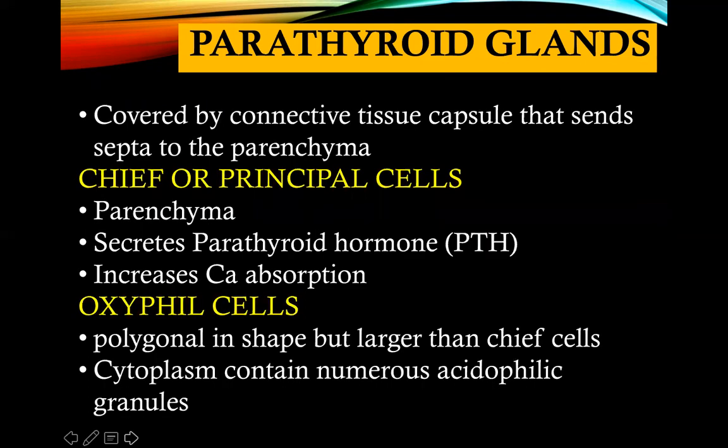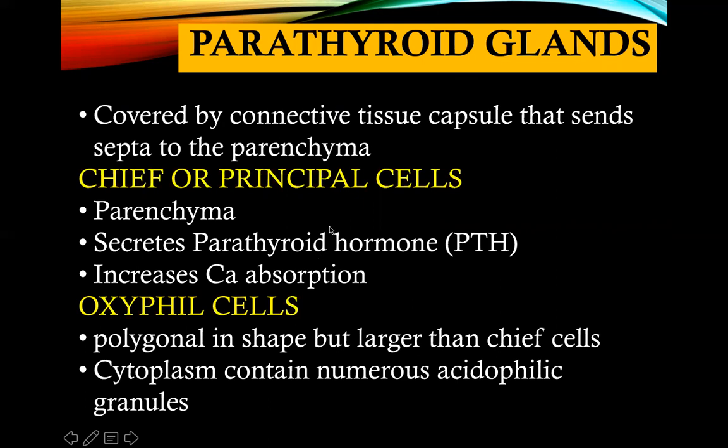Okay, parathyroid glands are covered by a connective tissue capsule that sends septae to the parenchyma, and the parenchyma of your parathyroid glands is known as your chief or your principal cells. They secrete PTH or parathyroid hormone. If your chief or principal cell secretes parathyroid hormone, they're responsible for increasing calcium absorption.